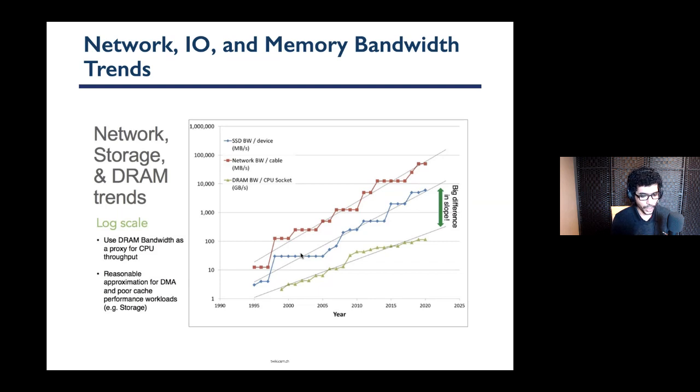So the growth in memory bandwidth seems to be plateauing, whereas network and I/O, network and disk, they're going up with the same trend. Whereas memory is basically plateauing, and there seems to be a gap now between the two. Memory is still better because we're talking about gigabyte per second, not megabyte. But again, what we're interested in is the slope of these two, and that has implications when you want to design systems.